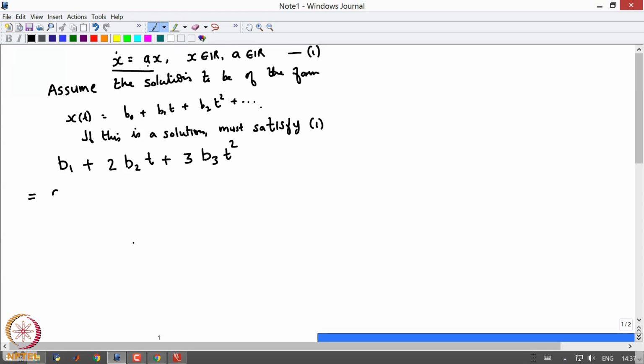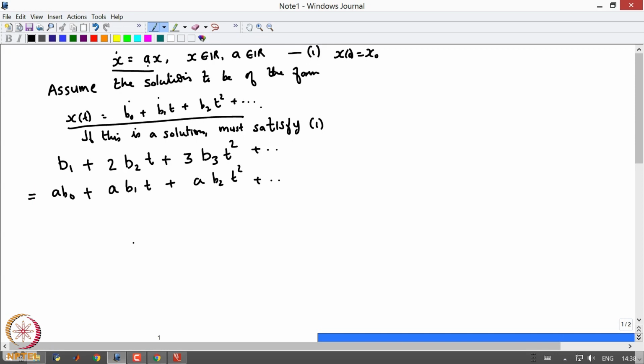So, this will be a b0 plus a b1 times t plus a b2 times t square and so on, and all the higher powers. Now, if this is the solution, let us also assume that x at 0 is some x naught. If this is the solution, what are the unknowns?